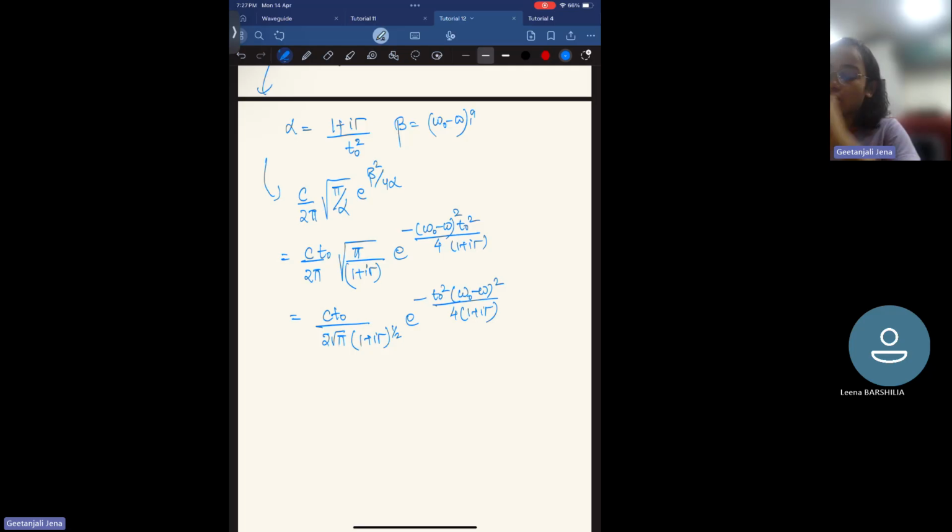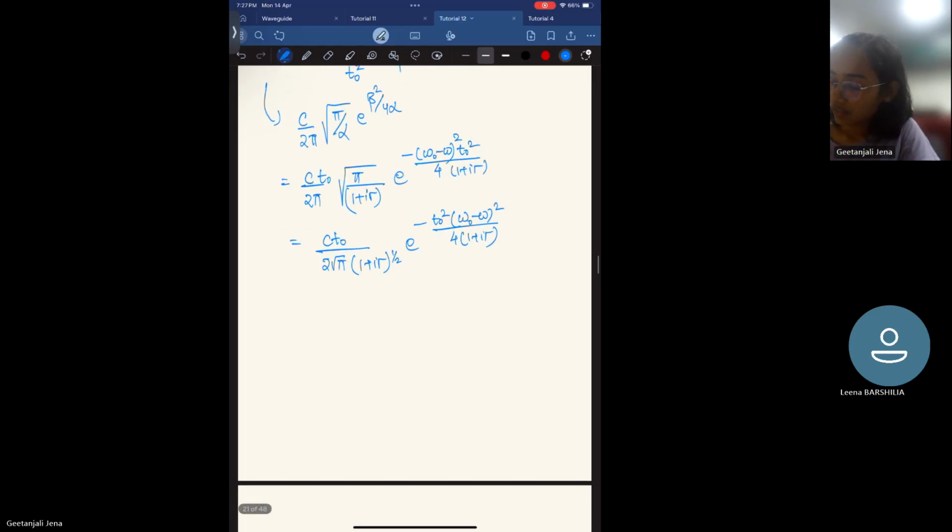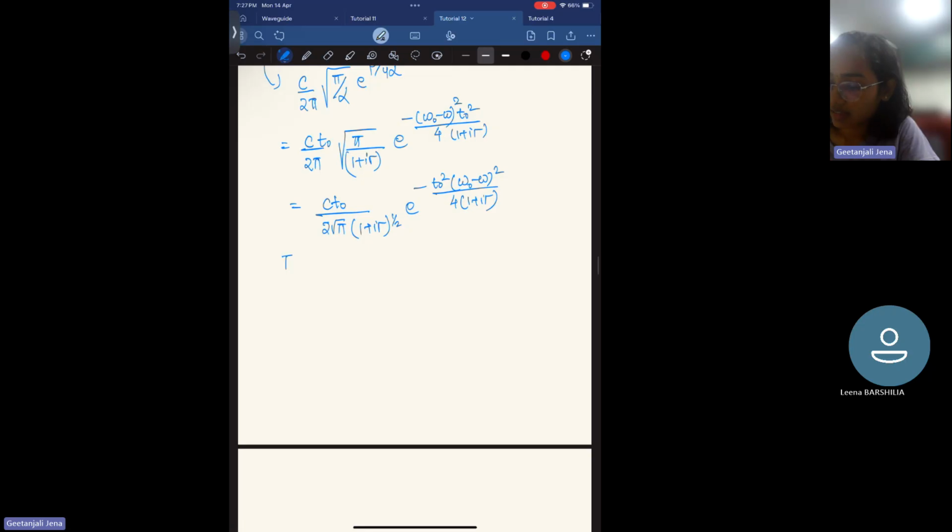To find out the value for the intensity, intensity is directly proportional to the square of A of omega, right? So this will be equal to, just put the value of A of omega that we have calculated before.